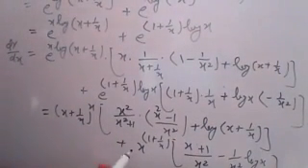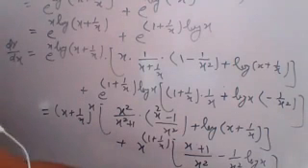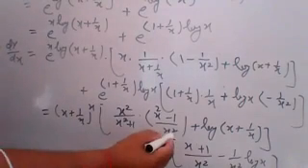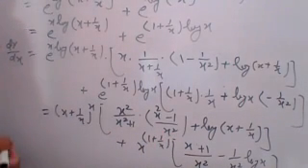You only have to take 1 by x square common, otherwise this x and x cancel out, so you express your final result.